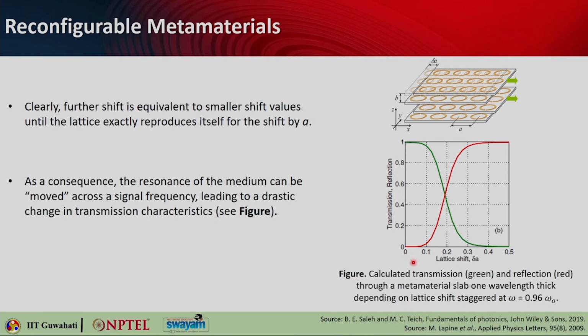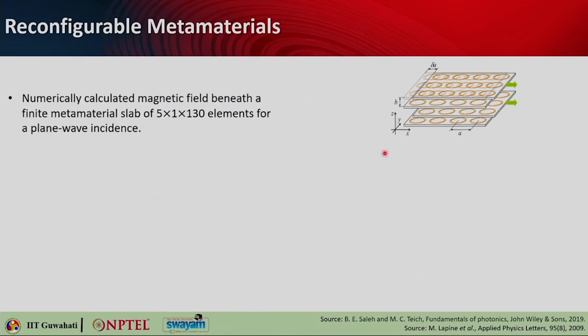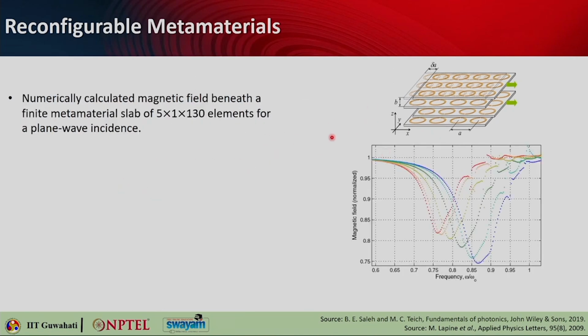This is something very interesting, as you can clearly see that from 0 to 1 you can switch. So, what happens to transmission? The opposite trend happens in reflection. The calculation here is shown for 5 cross 1 cross 130 elements.